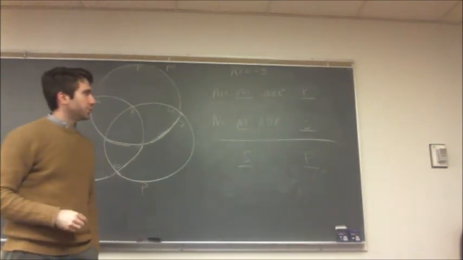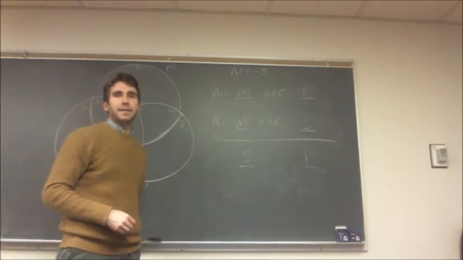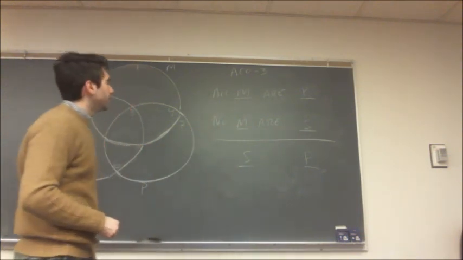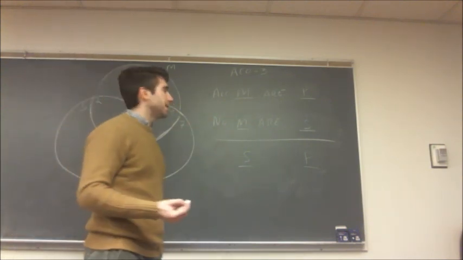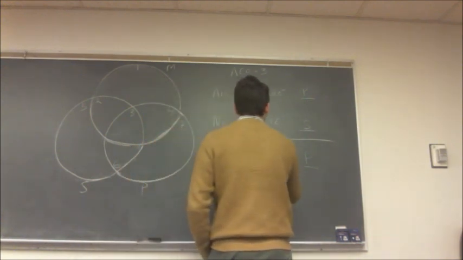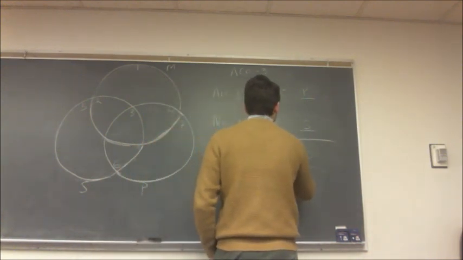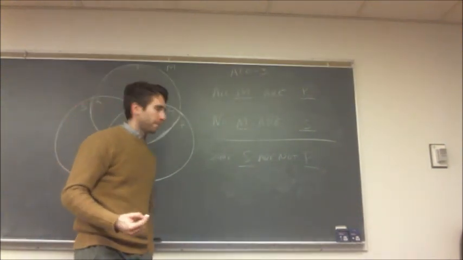Here is what you should have, no M are S, right? This is the type E categorical proposition. And then finally, we have our conclusion. It's a type O. Think about what that means while I write it up. Right, so here we have some S are not P.